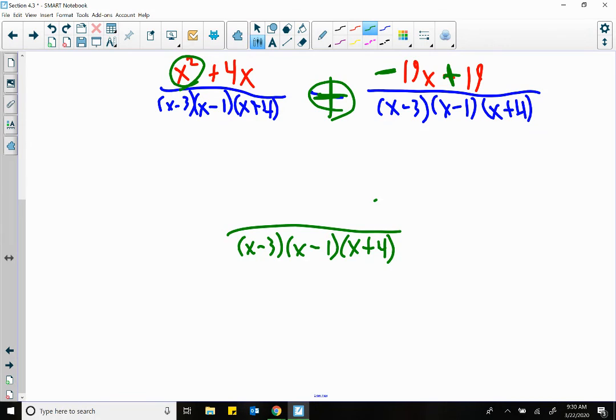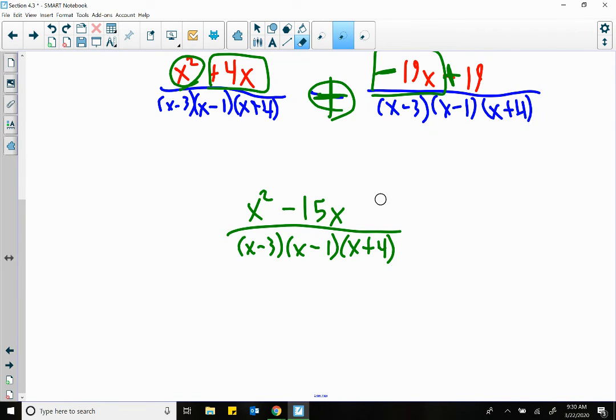So no one's getting together with the x squared. Okay. The 4x is getting together with the negative 19x. So that gives us a negative 15x. And then no one's getting together with the plus 19. So there's a plus 19 there. And so now you look and see, can the numerator factor?